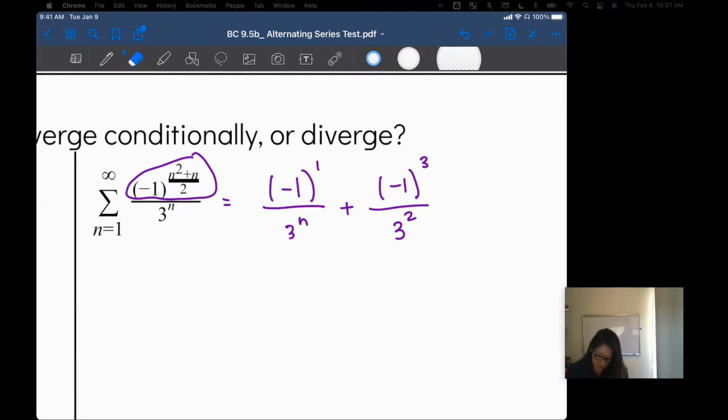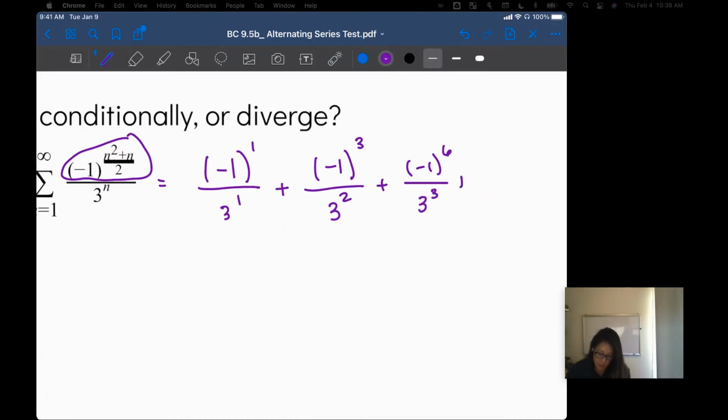And I forgot a 1 here. Okay, so then I'm going to add one more term just for funsies. I'm going to substitute 3 for n. So 3 squared is 9, plus 3 gives me 12, over 2, which is 6, all over 3 to the 3 power.